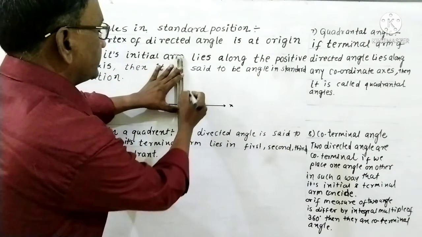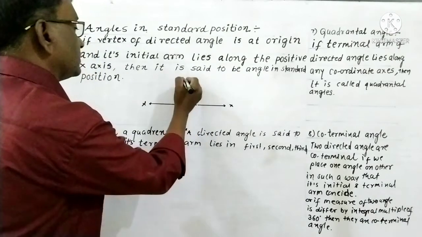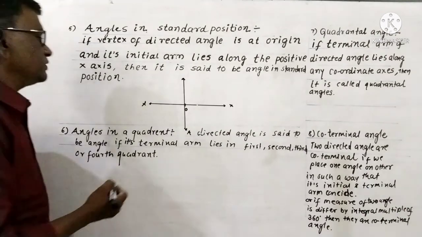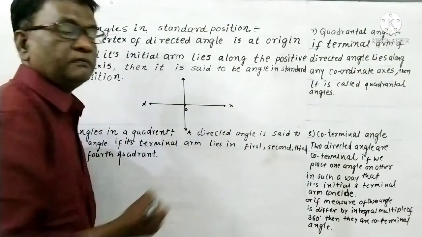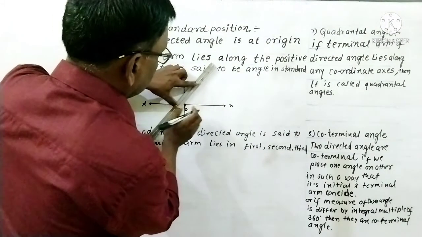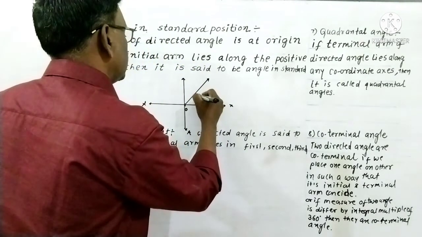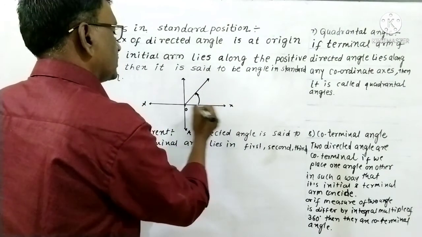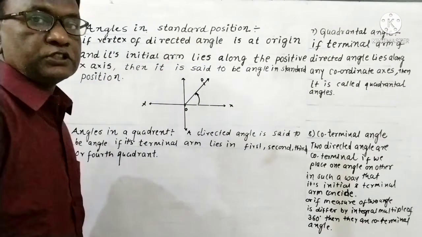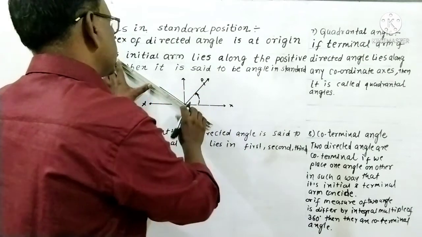If the vertex lies on the origin, here O is the vertex lying on the origin, and its initial arm lies on the positive x axis, then this directed angle XOP is an angle in standard position.